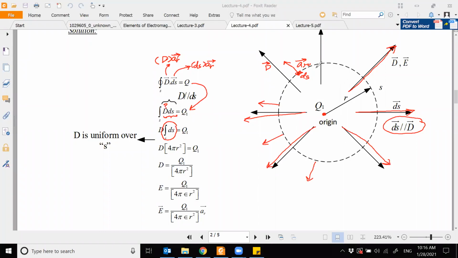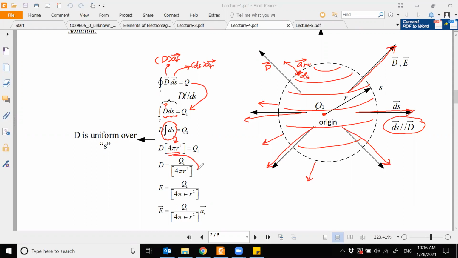Now what is the surface area of your spherical shell? The surface area of my spherical shell is nothing but 4 pi r square. So the integral of dS is simply 4 pi r square, and therefore D is equal to Q1 over 4 pi r square.